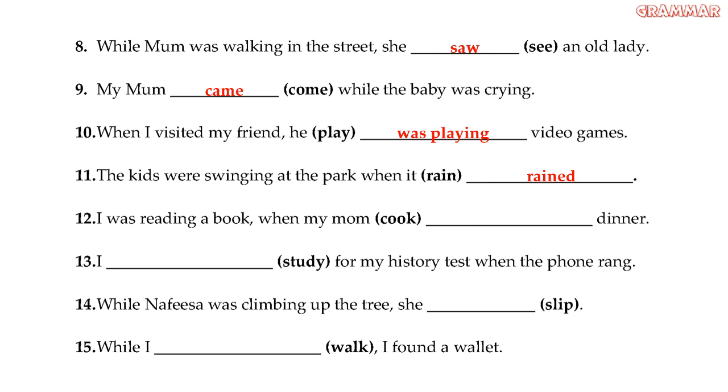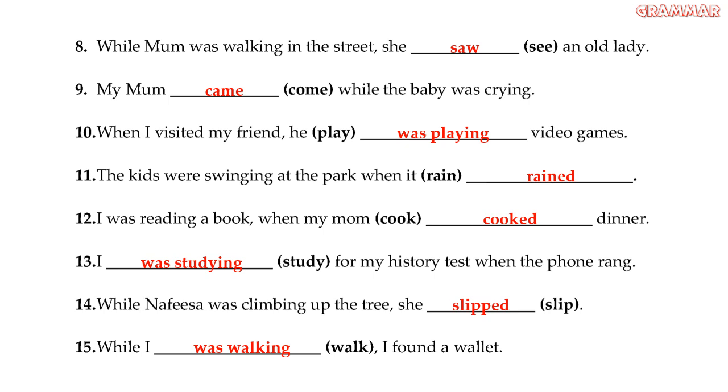I was reading a book when my mom cooked dinner. Very good, because reading has ing, so I will put cook in the past simple. I was studying for my history test when the phone rang. While Nafisa was climbing up the tree, she slipped. While I was walking, I found a wallet.